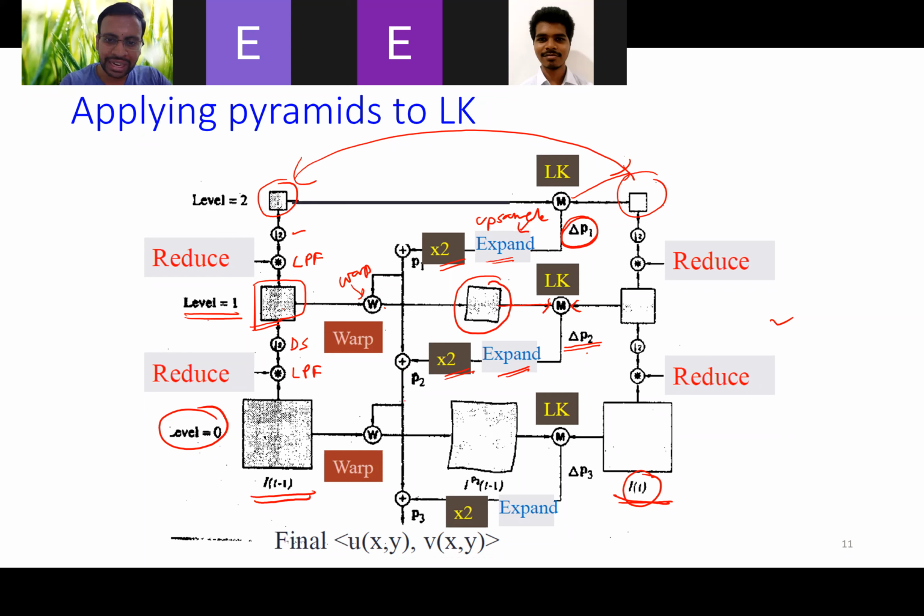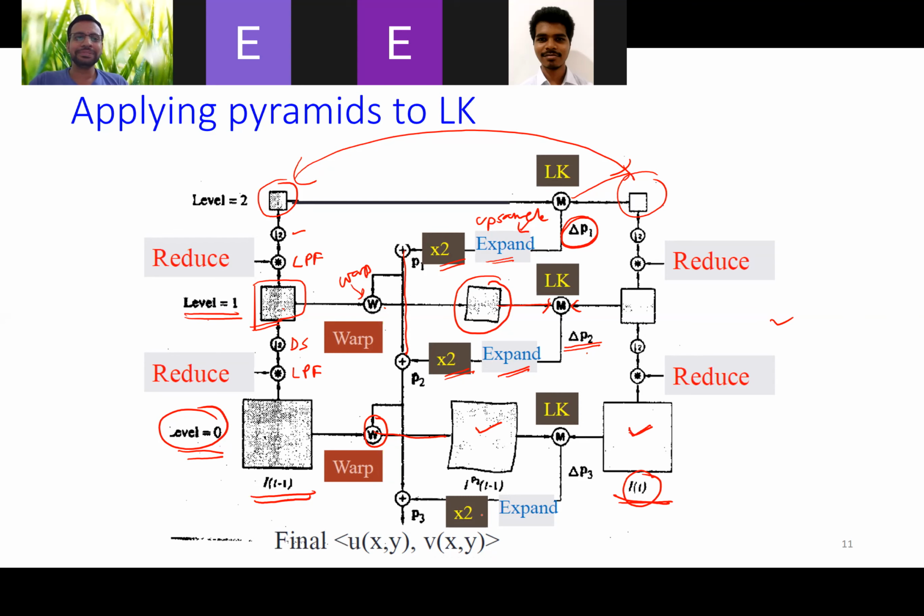And then the other field also would come there. With that you warp it. So the earlier motion plus this motion, the whole which you got, with that value you warp the image at level 0, then you get this image. Then you apply the Lucas and Kanade method between these two, and so on.